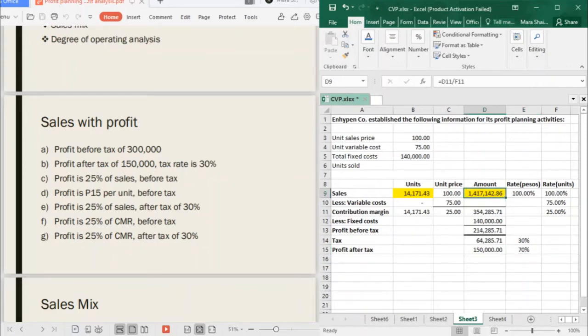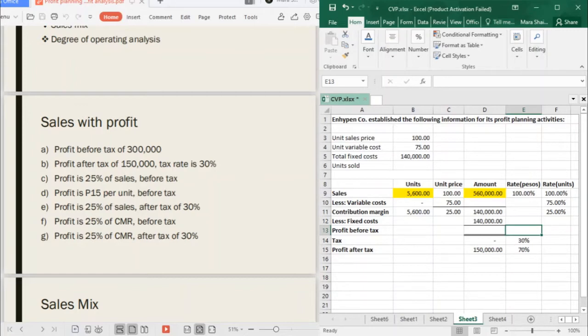Now let's move on to the third case. Your profit is 25% of sales before tax. So disregard the others. Your profit is 25% of sales before tax. So what is your way of getting your profit? You remember that your profit is 25% of your sales.